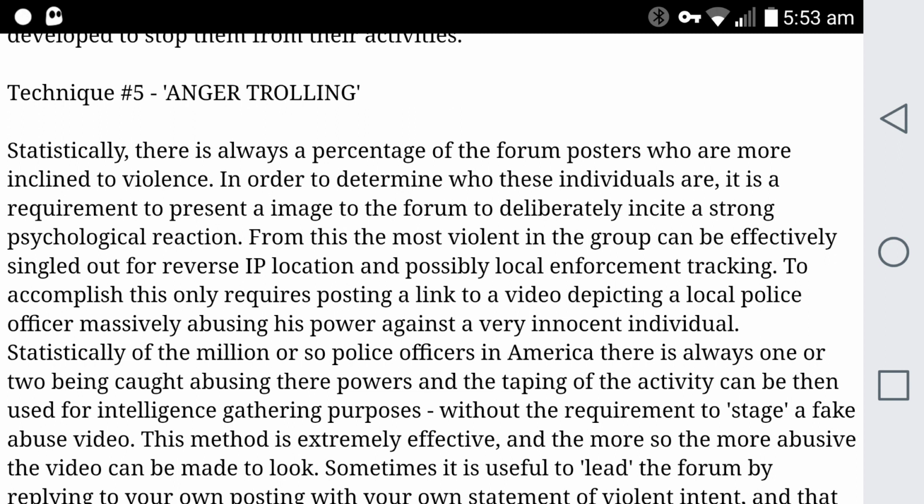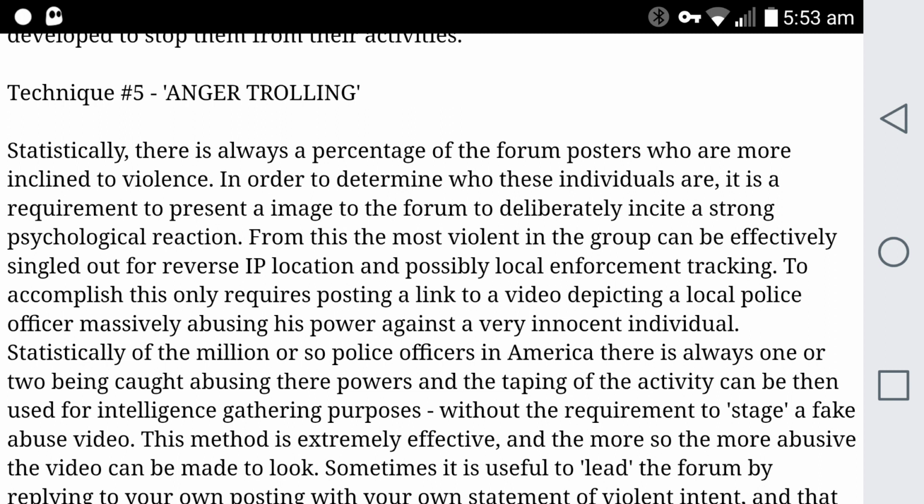From this, the most violent in the group can be effectively singled out for reverse IP location and possibly local enforcement tracking. To accomplish this only requires posting a link to a video depicting a local police constable massively abusing his power against a very innocent individual.